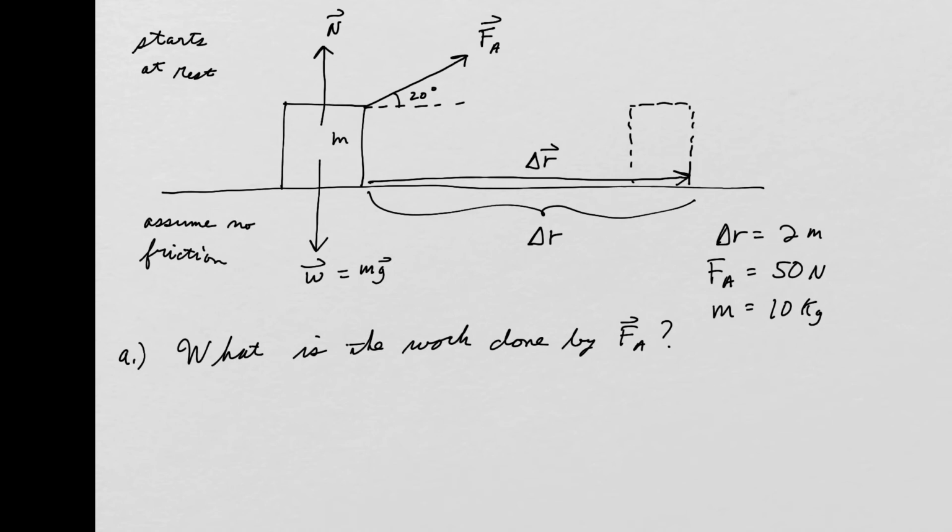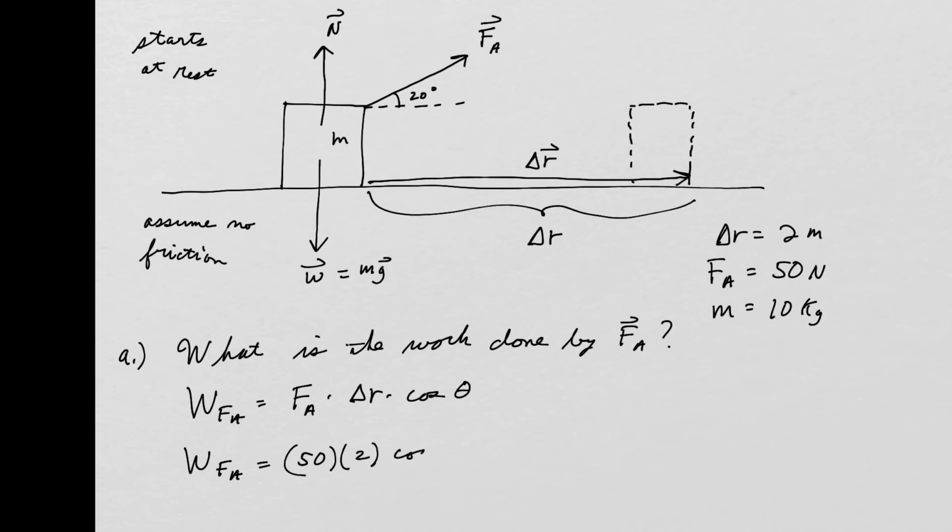So remember the definition for work due to Fa, it's going to be the magnitude of Fa times the displacement times the cosine of the angle that the force vector makes with the displacement vector, which in this case is 20 degrees, right? So to calculate this, it's simply going to be 50 newtons times 2 meters times cosine of 20 degrees. And that ends up being around, to the nearest tenth, 94.0 joules. That would be the work done just by Fa.